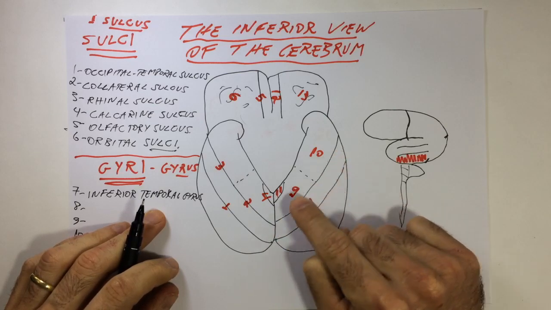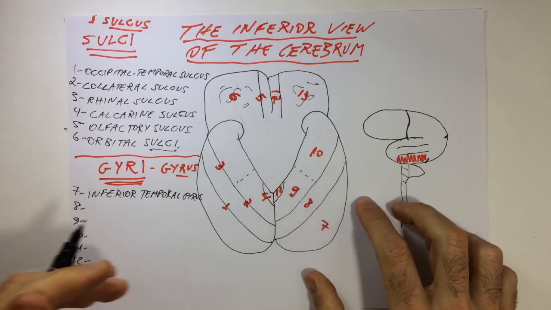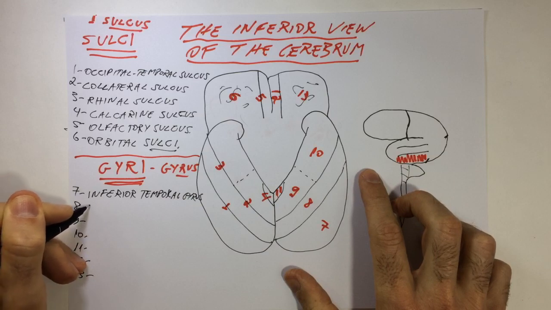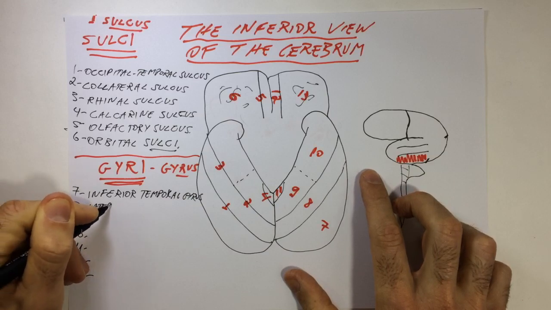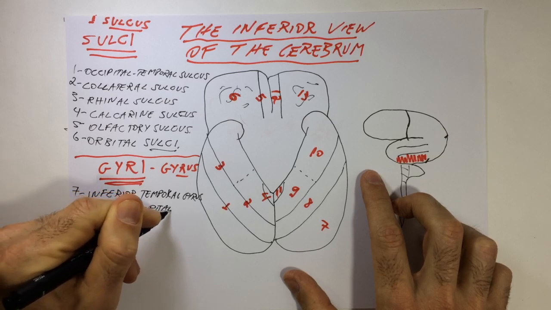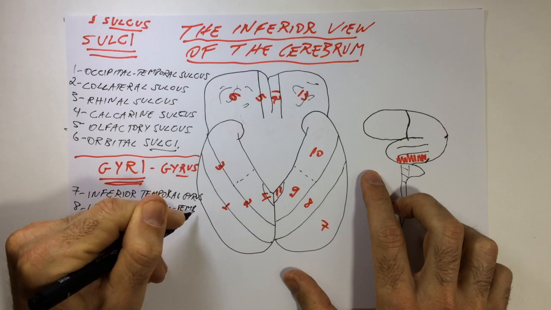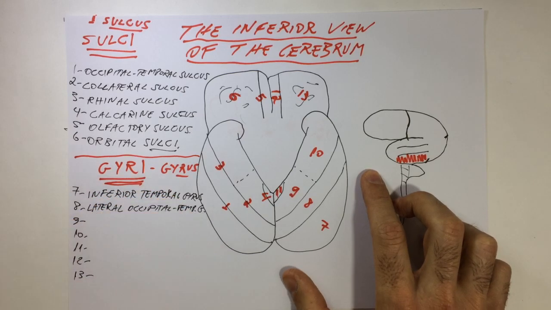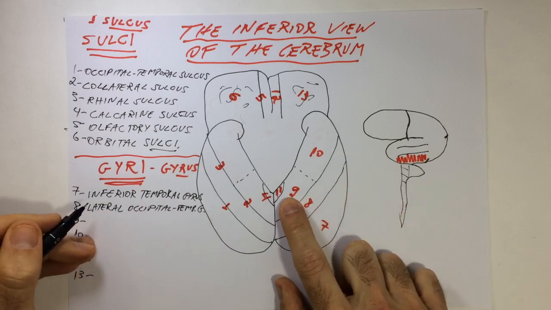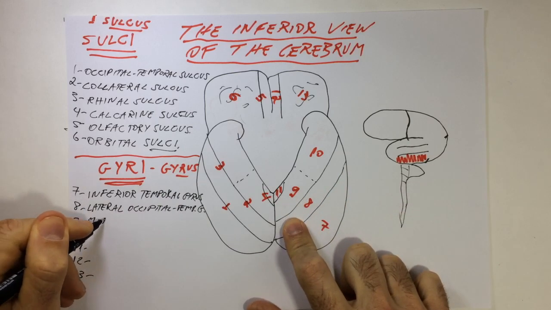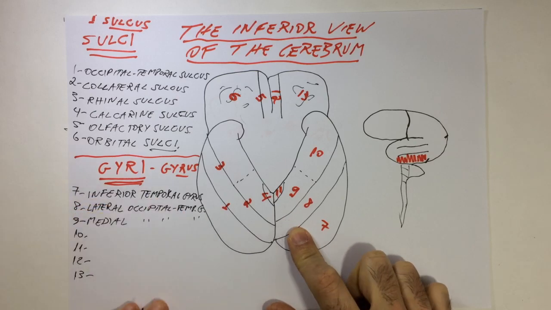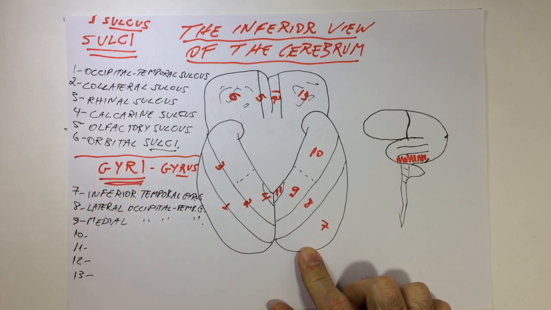Occipital-temporal gyrus. So that would be the lateral occipital temporal gyrus, and this one here is the medial occipital temporal gyrus. That's one way to name these structures.